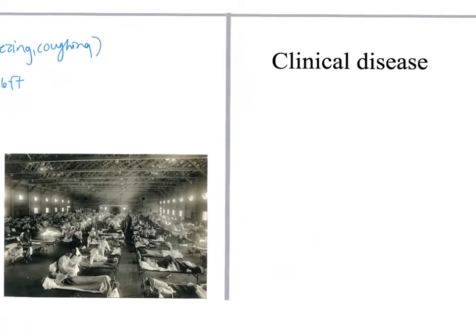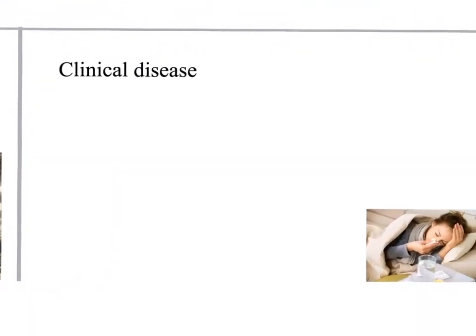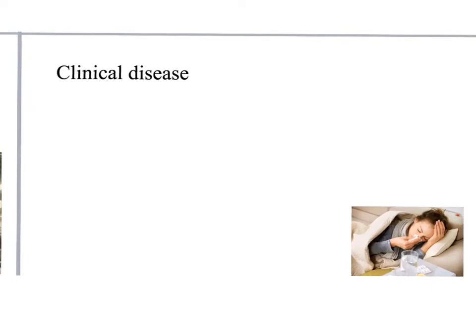All right, what does the clinical disease of flu look like? You probably all had it at one time or another, so again, shouldn't be any surprises here. On average, about 2 days after exposure is when a patient starts feeling the signs and symptoms. So about a 2-day incubation there. The virus binds to epithelial cells of the respiratory tract.